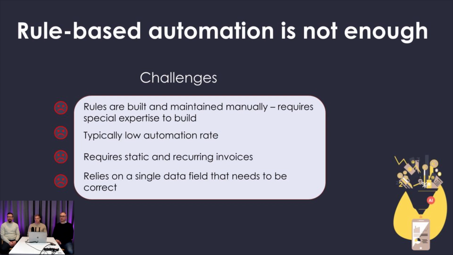The main thing is that these rules need to be built. Somebody needs to build them, and it depends on the system how. Typically they are built on a supplier basis. Those rules also need to be maintained, and that takes place manually. It normally means you need some expertise to build those rules.